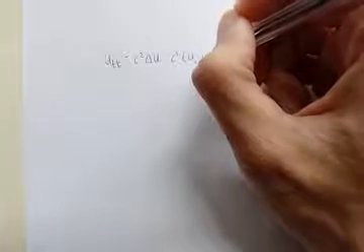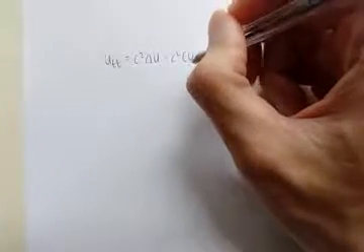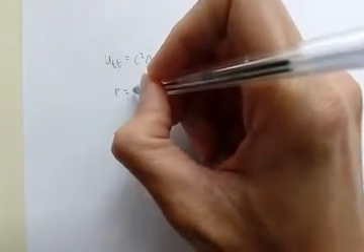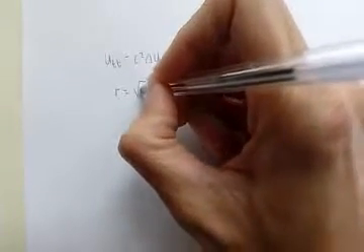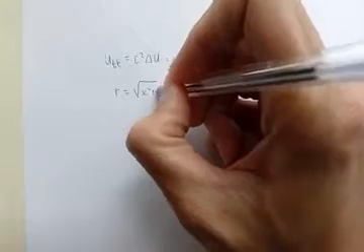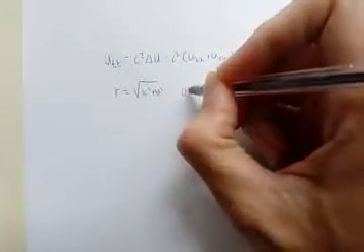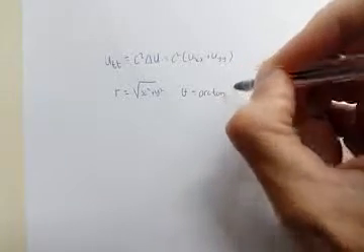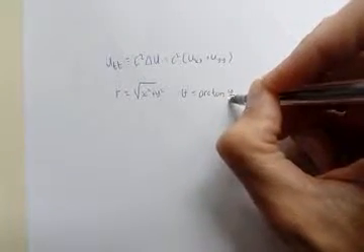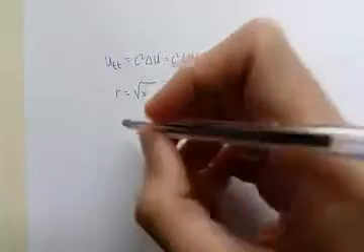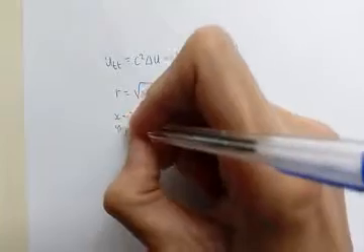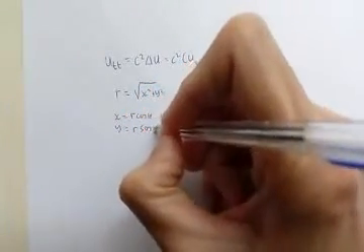And then next we want to transform this PDE into polar coordinates, using radius r equal to the square root of x squared plus y squared, and theta equal to the arctangent of y over x, where x equals r cos theta and y equals r sin theta.